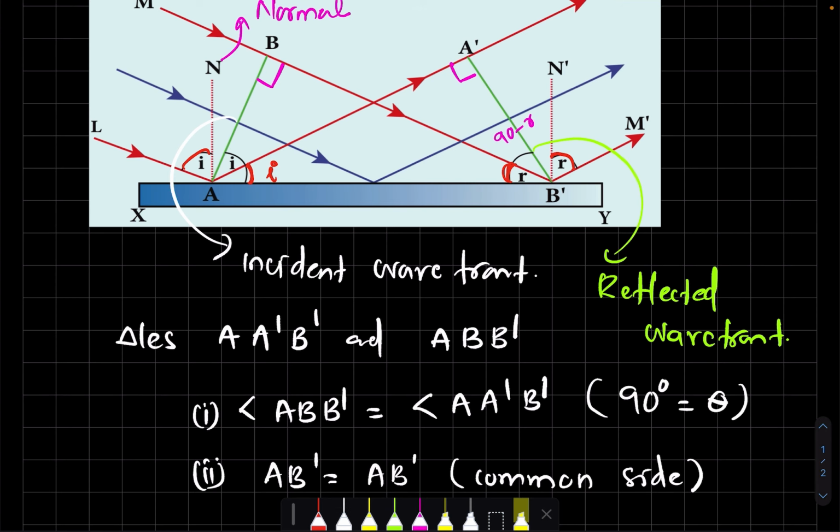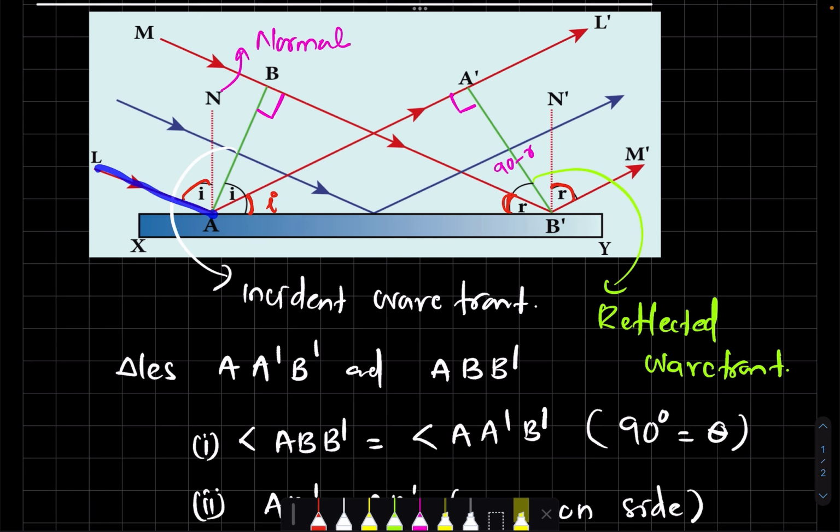When the first wave reaches here, the second wave just reaches here. So you just consider this ray: this light has traveled this much. In the meantime, the second light traveled this much. When the first one, LA, reaches here, MB is here only. Then after A, LA starts reflecting, going like this, AA dash, and at that time it will be here.